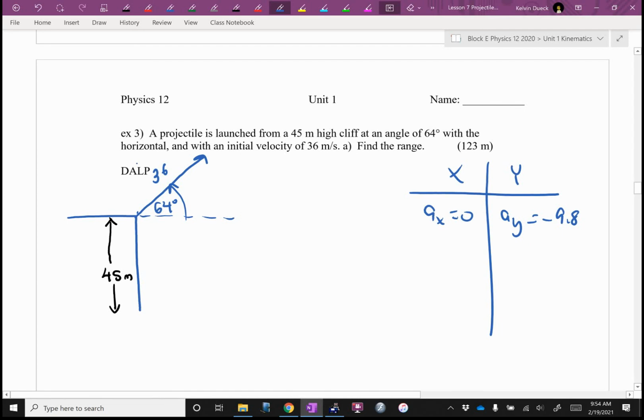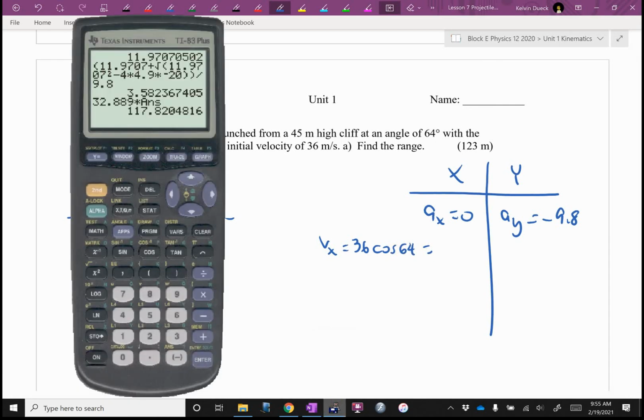So if I was doing this in my homework, here's how I would cut corners a little bit. I would go, okay, Vx is going to be 36 cos 64. I might even go straight to my calculator if I was feeling particularly frisky. Vx is 15.781.